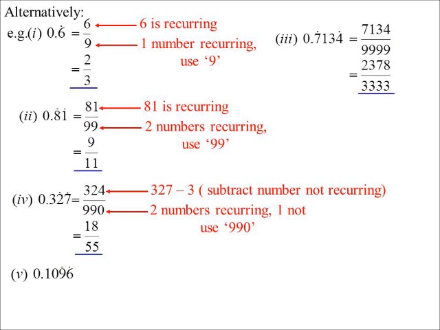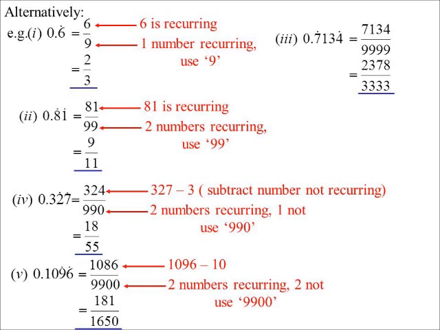So now they can ask me any question they like. I can just write the answer down. 0.1096 with only the 9 and 6 repeating. So 0.10969696969696... On the top of the fraction we'll go 1086. That's 1096 minus the 10 that's not repeating.